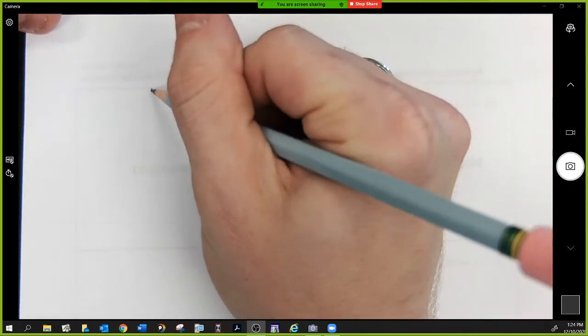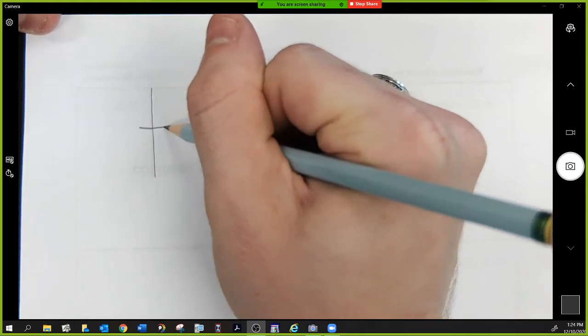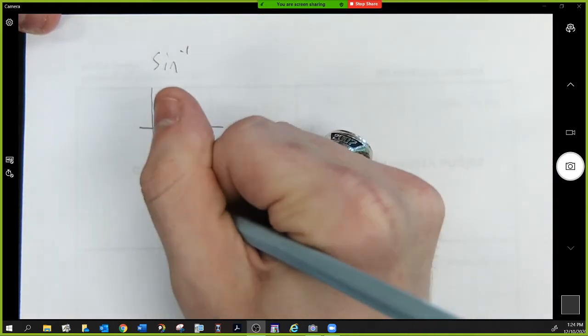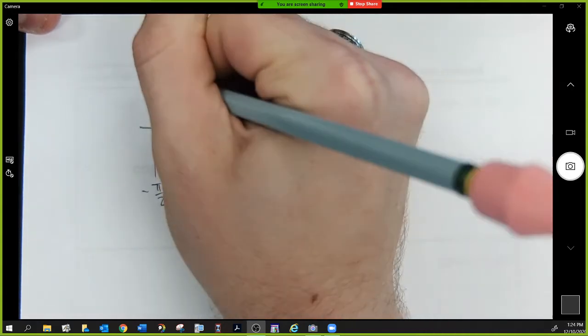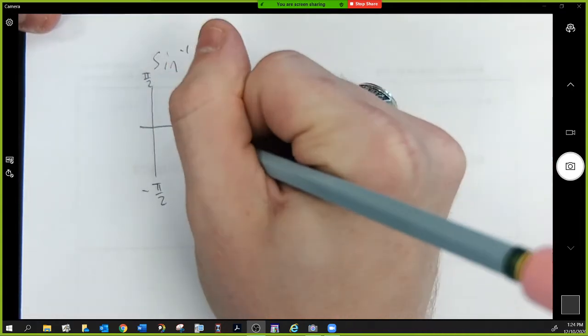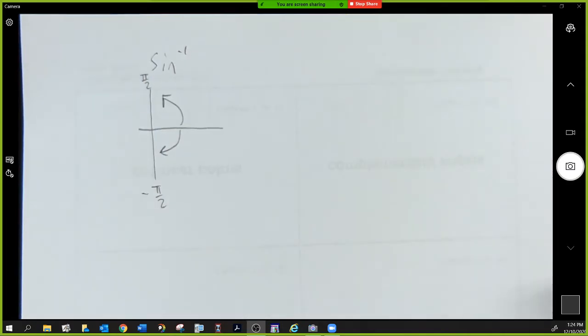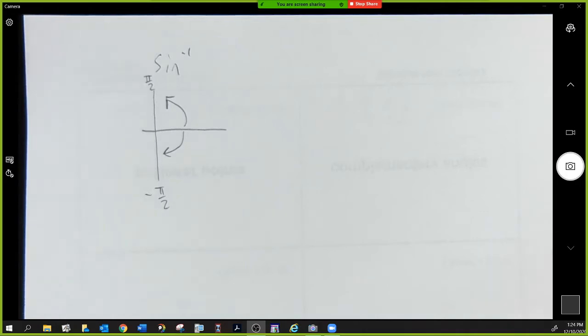When we are talking sine inverse, it can only return values in quadrant what I'm calling -1 and quadrant 1, like this. Why? Well, you'll understand why once we've done our graphing. For now, I need you to know sine inverse can only return values in one of those two quadrants.